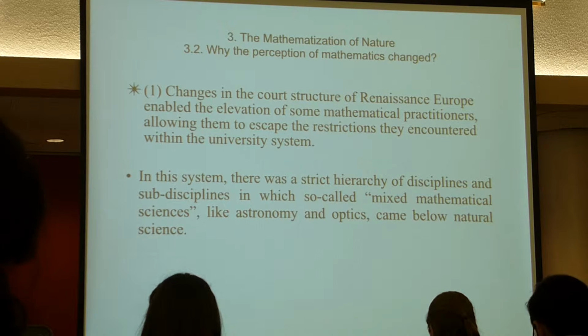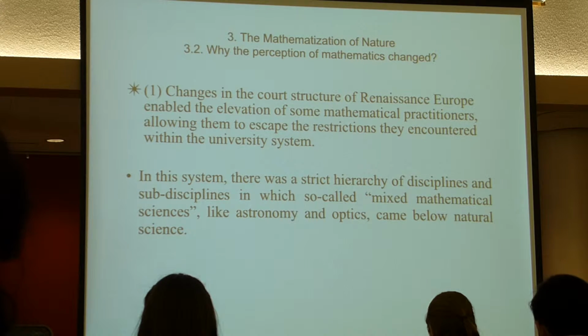It wasn't like the university that had a very strict hierarchy of sciences, where the mixed mathematical sciences like astronomy and optics came below natural science, below natural philosophy, below what Newton does in mechanics. So obviously, it shows in some sense that mathematics is kind of less valued, less important.